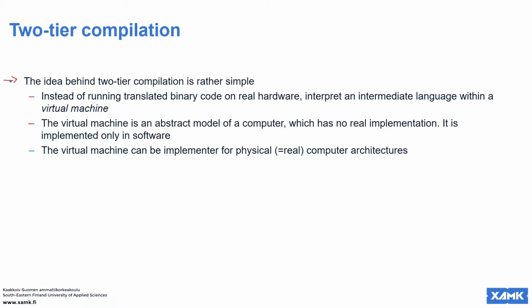It's implemented only in software. And the virtual machine can be an implementer for some physical real computer architectures as well. This really does not matter, but the point is that we are only running this high-level code on some virtual machine instead of translating a machine binary for some real computer architecture.